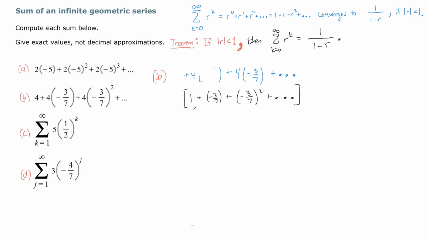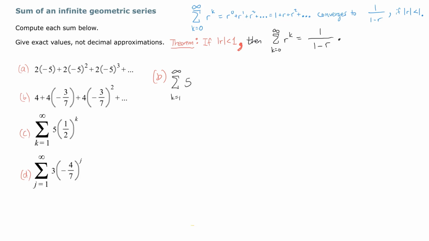But we start with the index of k equals 1 and we run this to the concept of infinity. Let's copy the problem again. And what do all these terms have in common? Well, all these terms have a 5 in common. So let's factor out a 5.